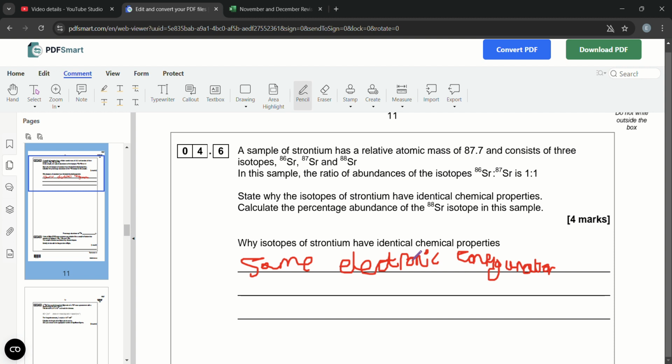Then it wants me to calculate the percentage abundance of the 88 isotope in the sample.